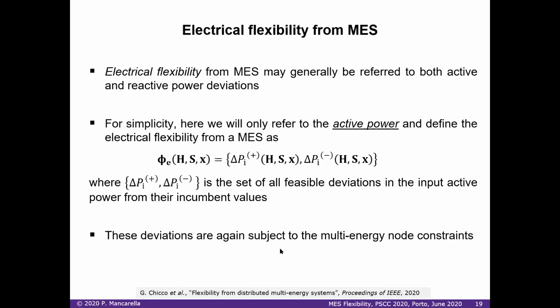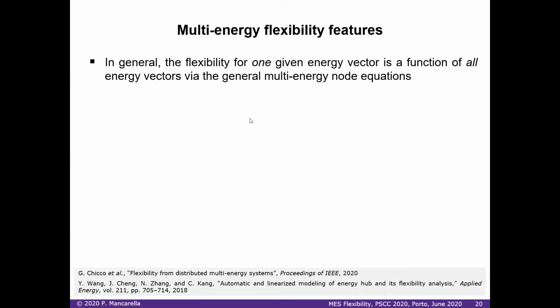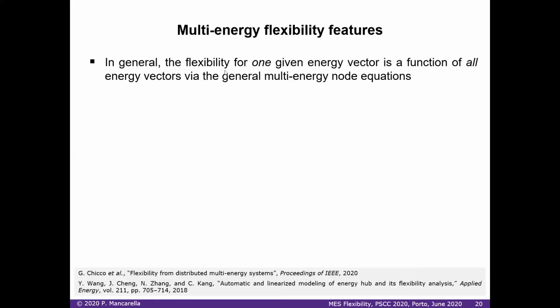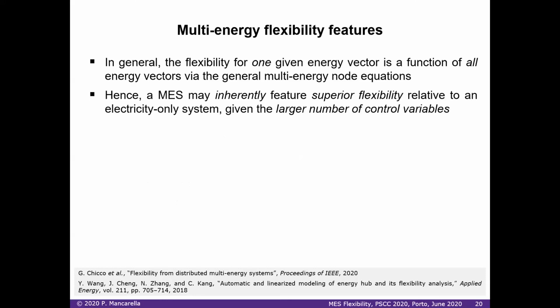What are these features? Well, first of all, we see immediately from this formulation here that the flexibility for one energy vector, and electricity in particular, is a function of all energy vectors, and they are linked by the multi-energy node equations. So immediately you realize mathematically that what I change in one vector is tightly linked to what I can do with the other energy vectors.